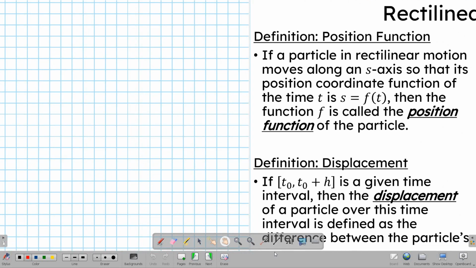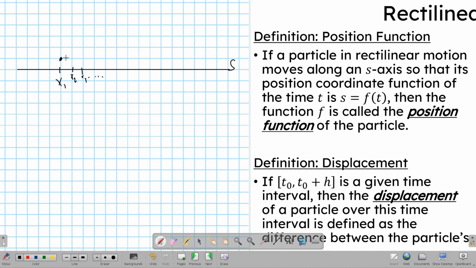So, say for example, we would have this s-axis. From here, let's say this is your initial position, x sub 1, and then this is x sub 2, x sub 3, and so on.